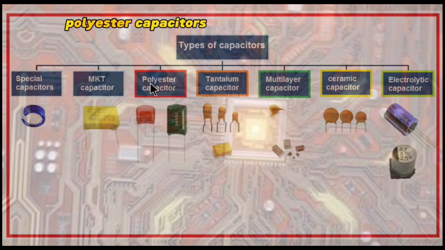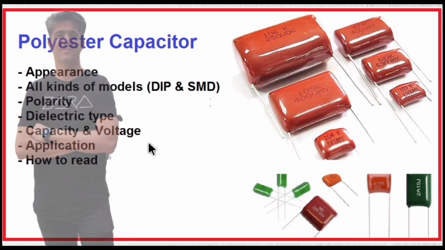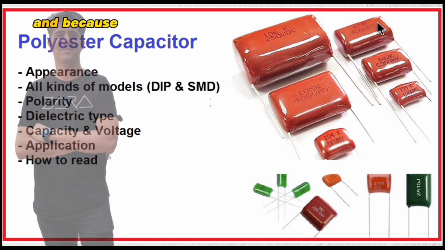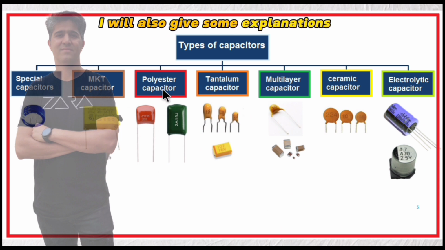Polyester capacitors have different models in terms of appearance, which you can see in the picture. Different dimensions, different voltages, and because they are very similar to MCOT capacitors in terms of performance, I will also give some explanations. Polyester capacitors and MCOT.